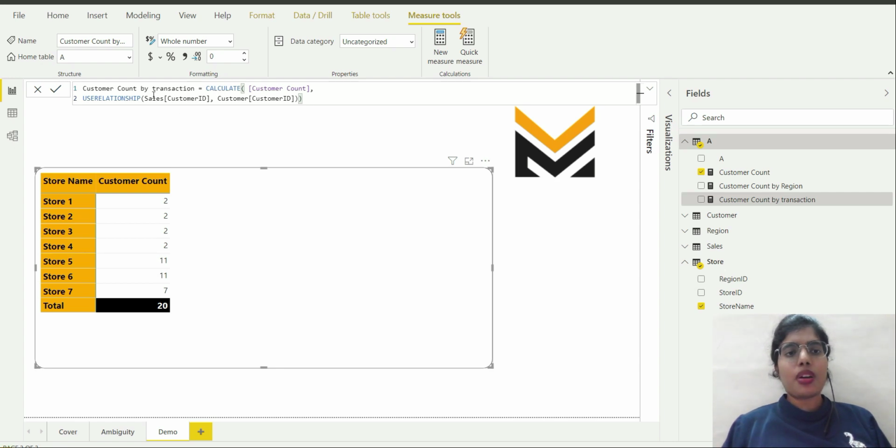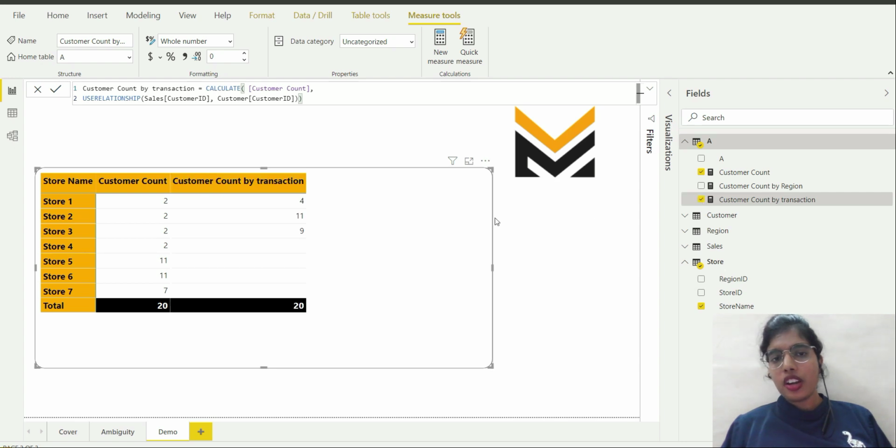So I have mentioned the names of both of those columns of both of those tables over here in the USERELATIONSHIP function, and that is how I have obtained this particular measure.